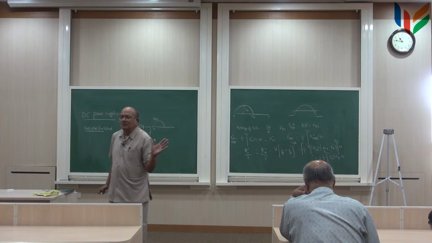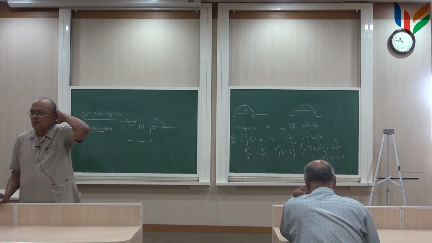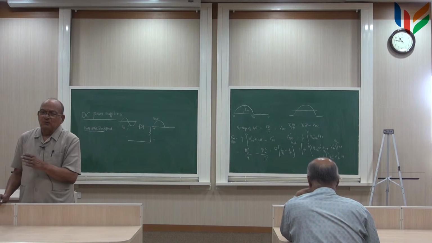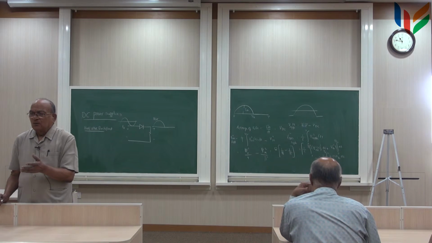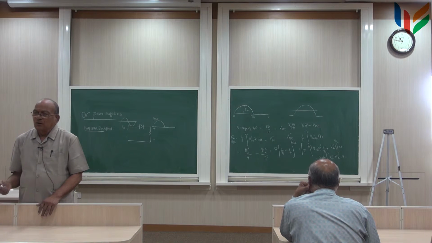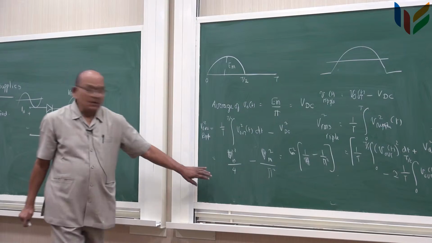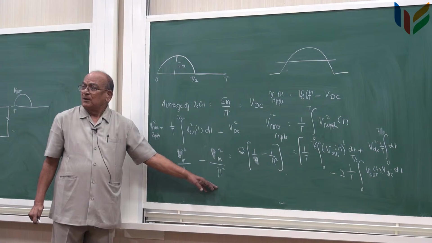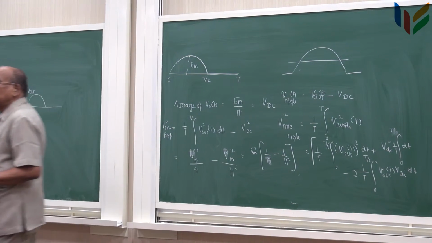Something wrong? RMS for half wave is max by 2? No. For a full sine wave, it is Em square by 2, right? RMS value is Em by root 2. So the square of that will be Em square by 2, and another half of that will be Em square by 4, and VDC is equal to Em by pi, so Em square by pi square. So this becomes 1 by 4 minus 1 by pi square.